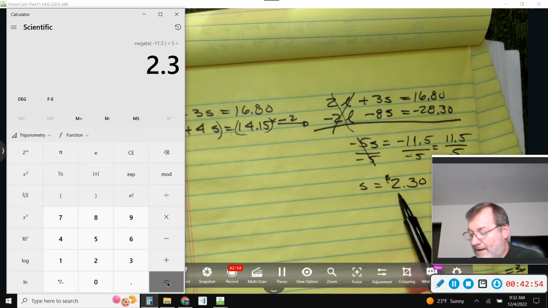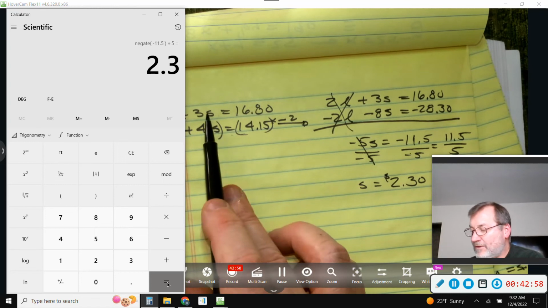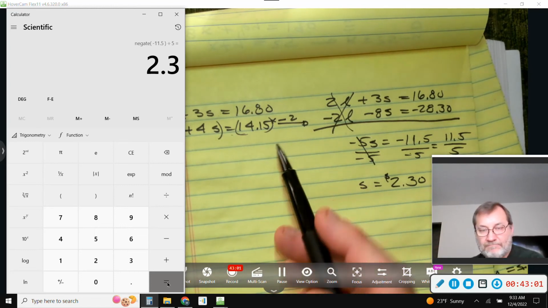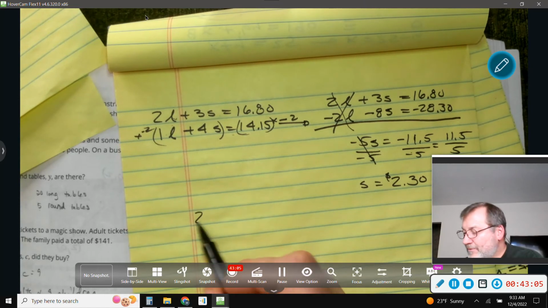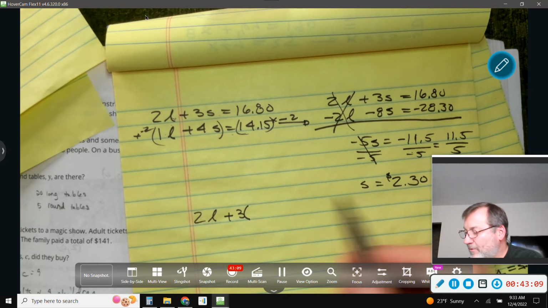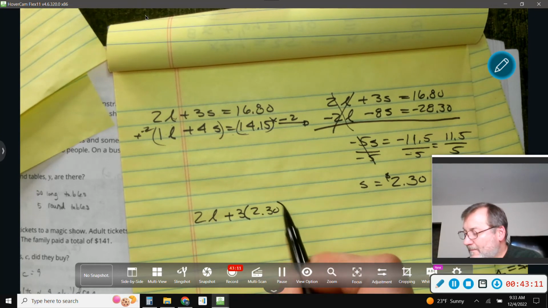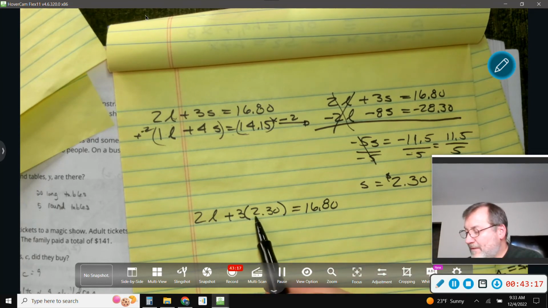Well, now that you know that, you can go back up to any one of these and solve it. You could use any one of your originals. Let's try that. 2L plus 3 times 2.3 equals 16.80. What's 3 times 2.30?